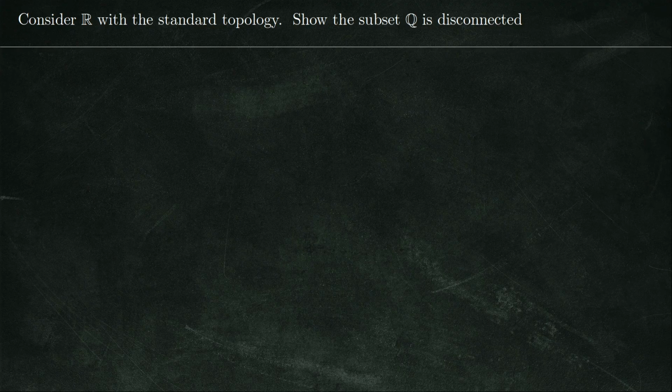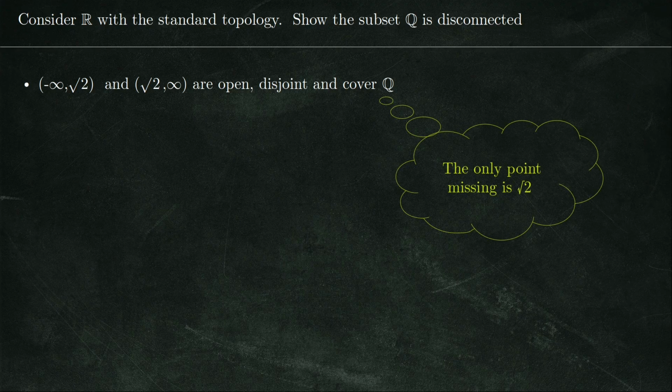This is a solution, there's lots of different possible ways of doing this. But one example is to consider these 2 intervals. These are open, they're disjoint, and they cover the rationals. And in fact, they almost cover the reals. The only point missing is root 2. And obviously root 2 is not rational.